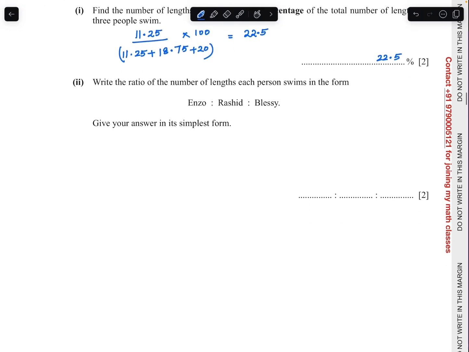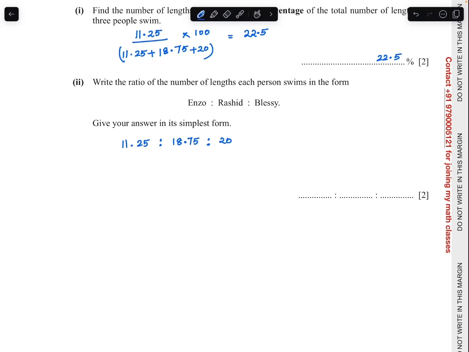Subdivision 2. Write the ratio of the number of lengths each person swims in the form Enzo is to Rashid is to Blessy. So let's take down Enzo's is 11.25 and then Rashid is 18.75 and Blessy is 20.